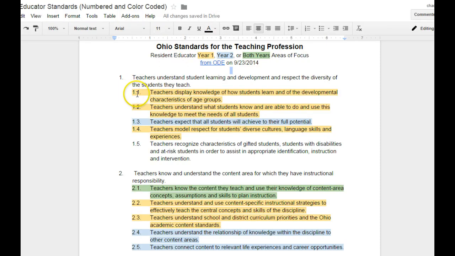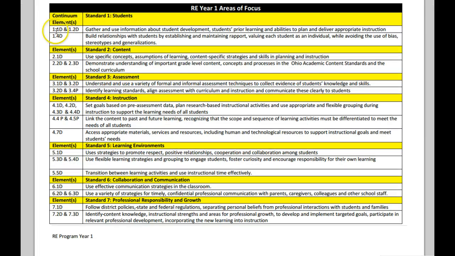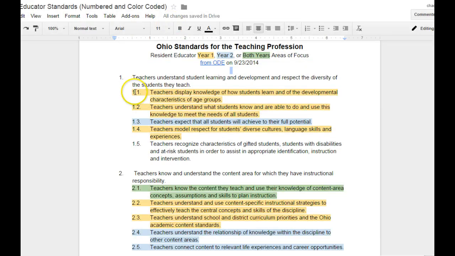And these numbers directly align to the numbers that you saw over here. 1.1 is 1.1, etc. Year 1 is in yellow, Year 2 is in blue, and any standards that are the focus for both years are in green. Again, I'm not going to go through this, but please realize that this is a resource that is available for you within our collection of online resources.